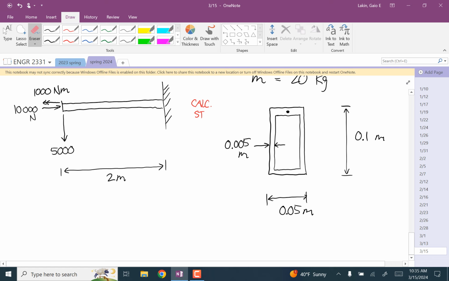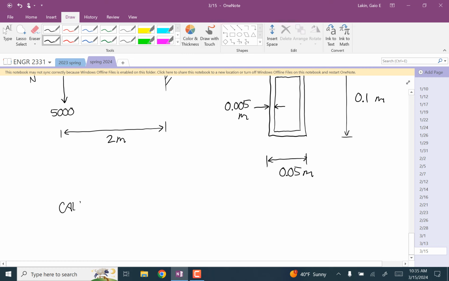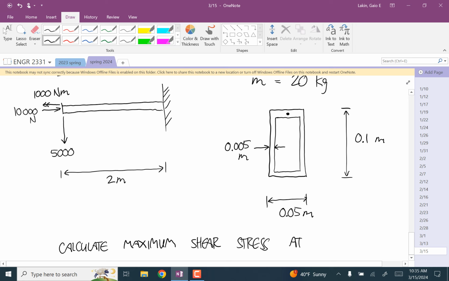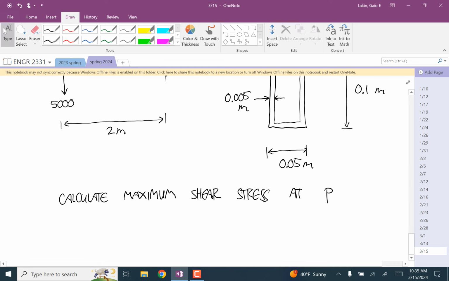Let's calculate the maximum shear stress at this point P. Oh, and I have to choose a point, let's say at the wall.